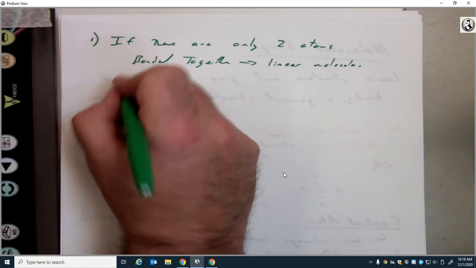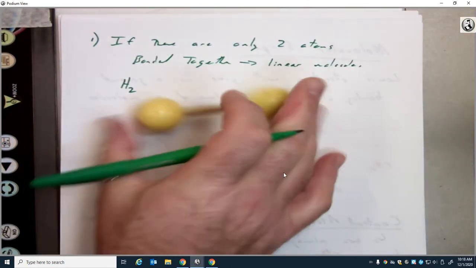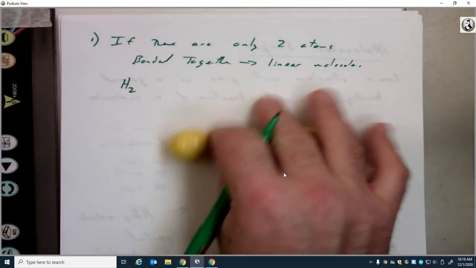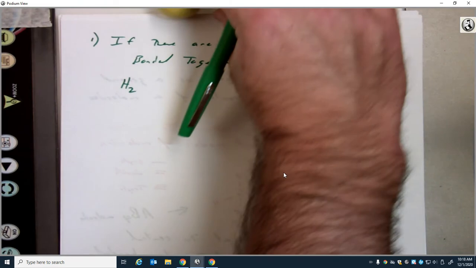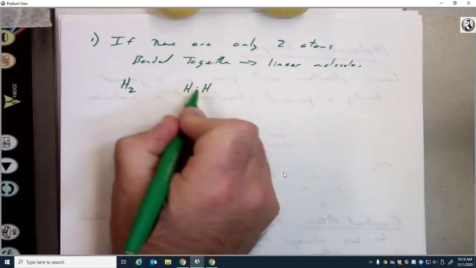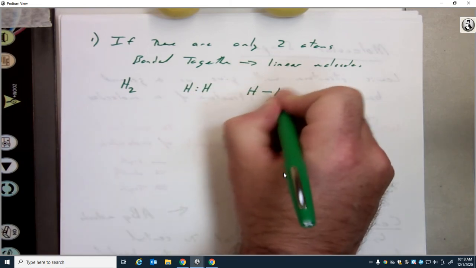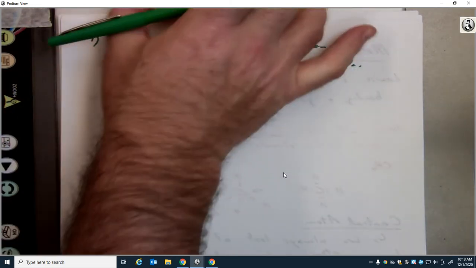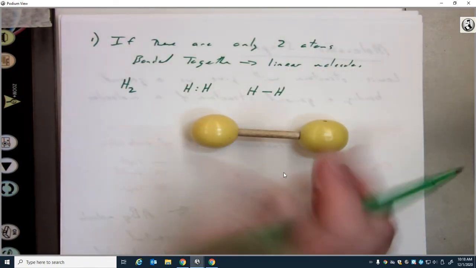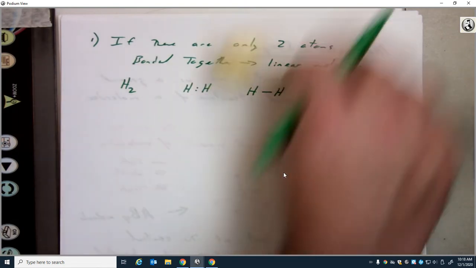So for example, let's say we look at H2, and here it is, our diatomic hydrogen. We start with our dot diagram. It has 1 pair of electrons between it. So our structural formula would look like this. This is a linear shape. If you only have 2 atoms, they can only be lined up next to each other.